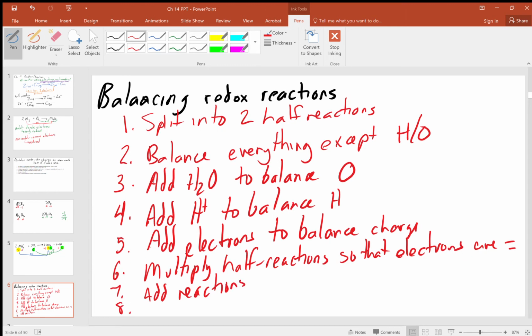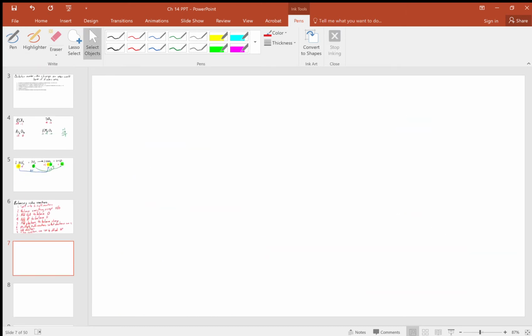And 8, if basic conditions, use OH- or hydroxide to offset H+. All right, so let's do an example now.